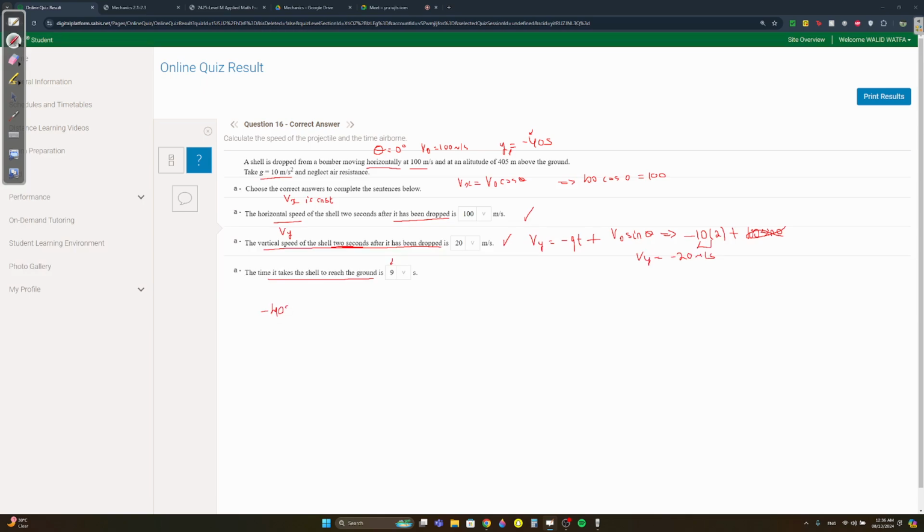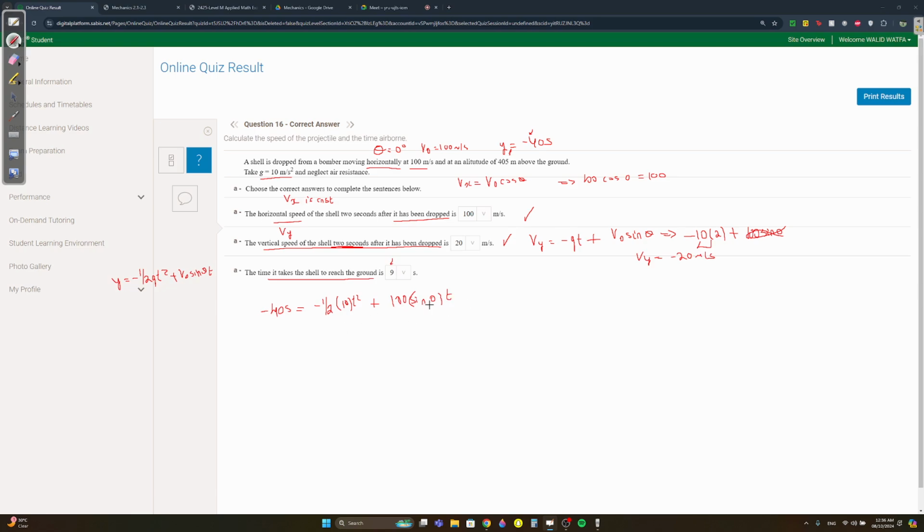So minus 405 equals minus half. What's the equation? Let me write the equation on the side so you don't get lost. Minus half gt squared plus V naught sine theta t, right? Let's substitute. G is 10, t squared, plus V naught is 100, sine theta, which is 0, times t.